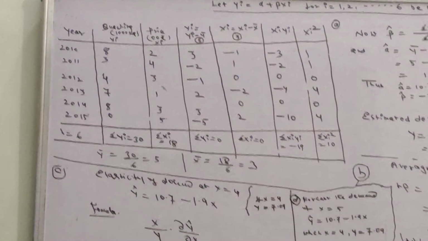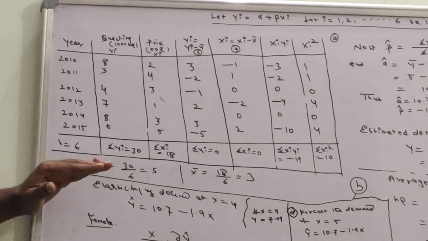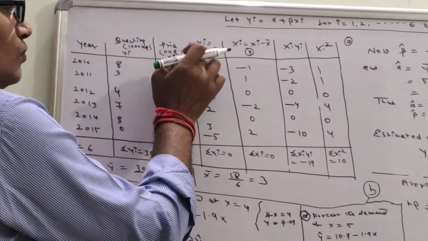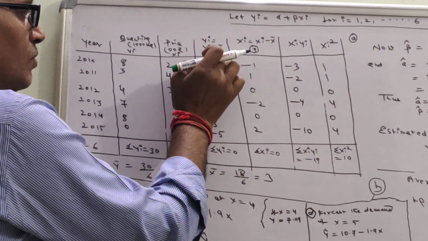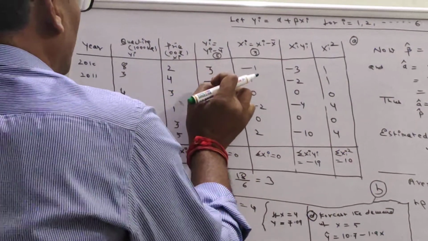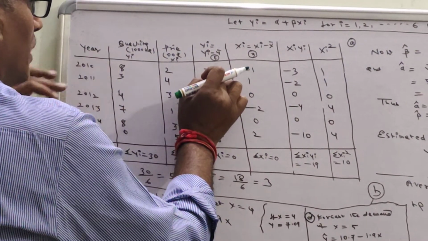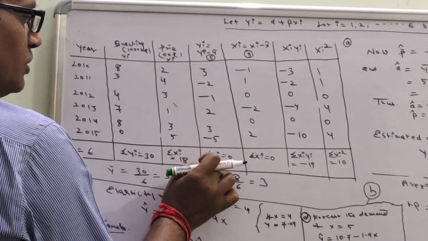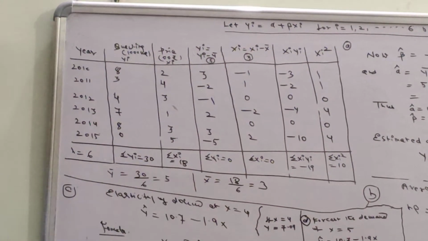Now take deviation from y mean and x mean. yi equal to yi minus y mean, given y mean is 5, then 8 minus 5 is 3, minus 2, minus 1, 2, 3, minus 5, and sigma yi equal to 0.